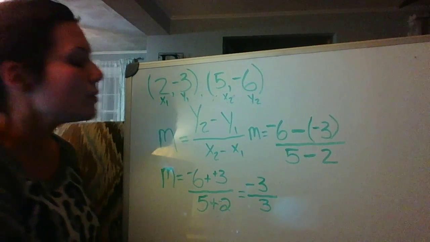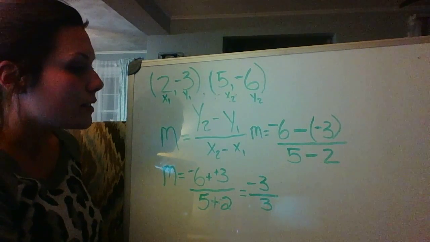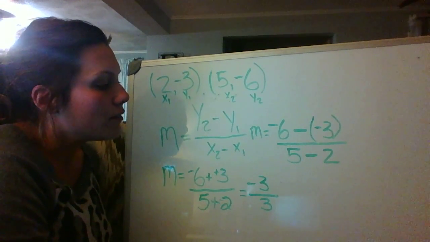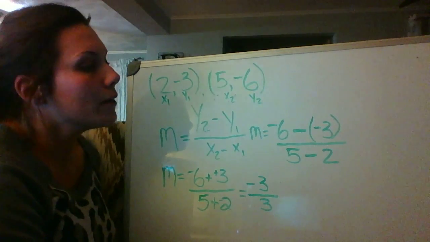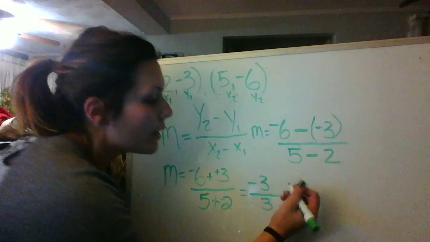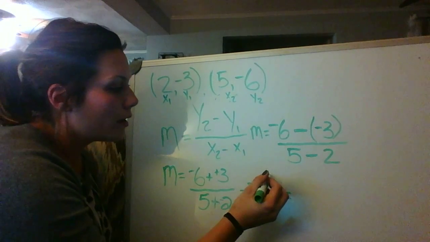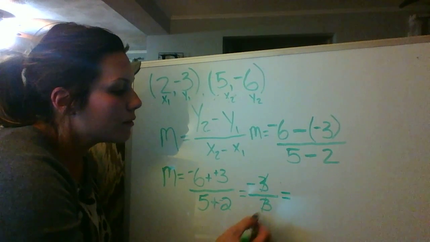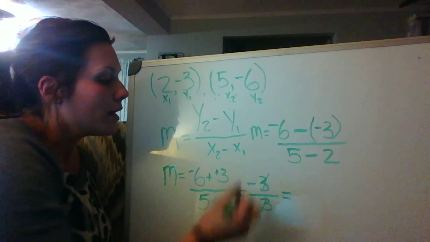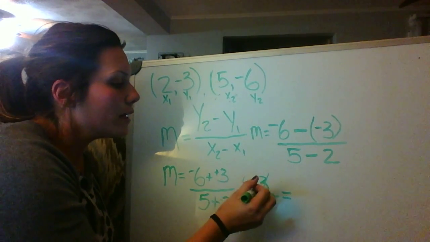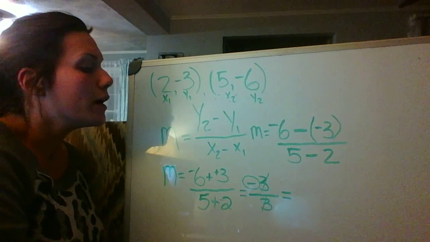That's perfectly fine too. So let's see, can I reduce -3/3 down anymore? Yep, I think I can go ahead and simplify that. I know that these 3's cancel out to give me a 1. And remember, don't forget that we have this subtraction bar.